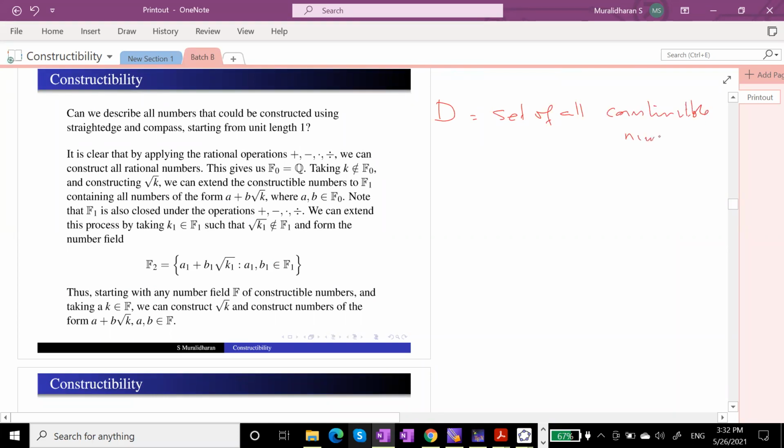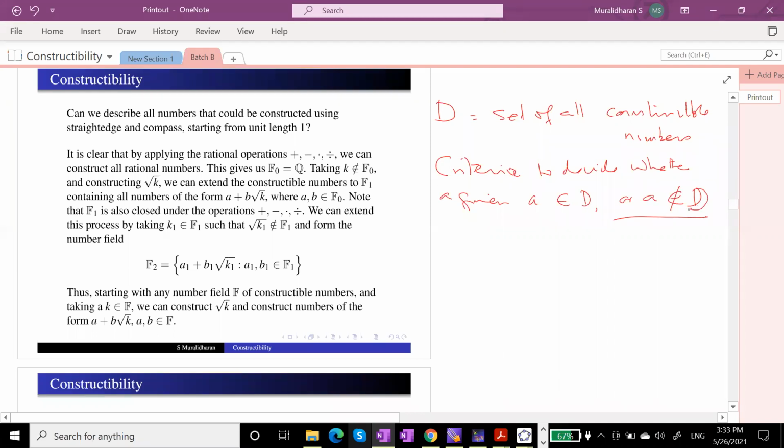And we want to find a criterion to decide whether a given real number A is in D or A is not in D. We should be able to decide by looking at that number itself, or by making some simple checks, whether this will be in D or this will not be in D. So that's what we wanted to check.